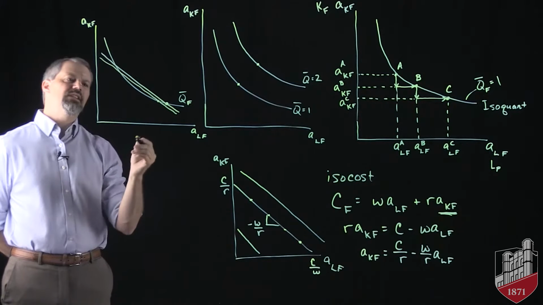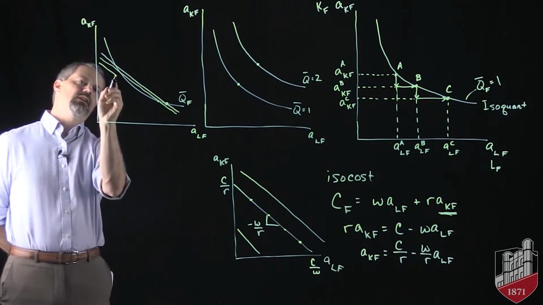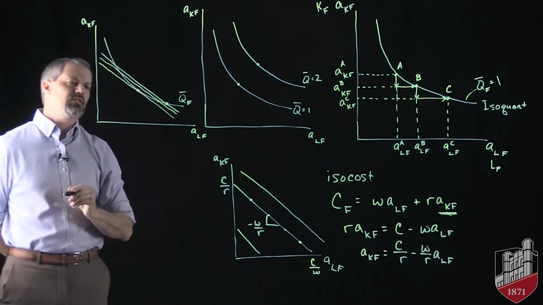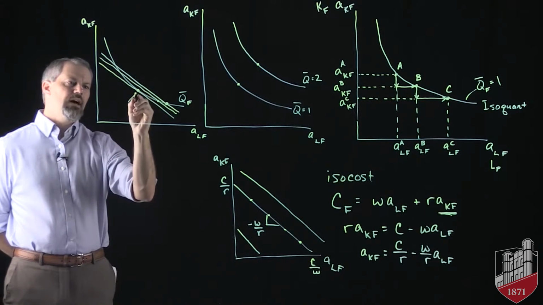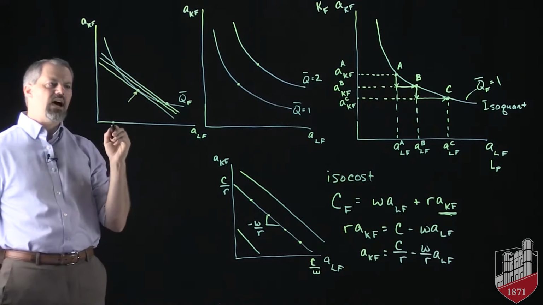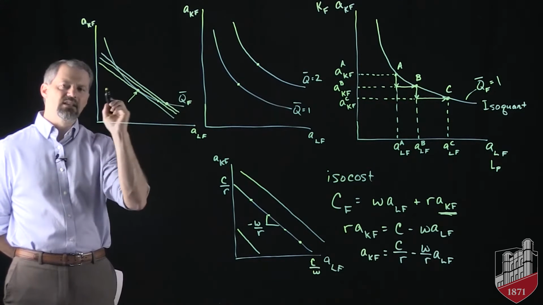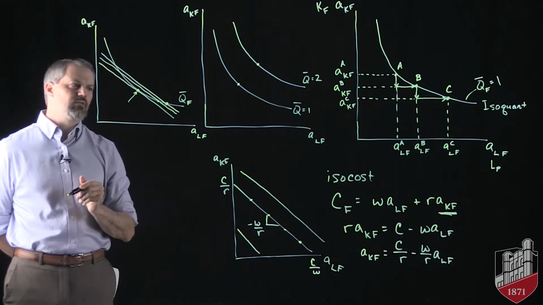And so what you see is that, of course, we're going to end up at a place where our isocost line and that isoquant are just tangent to each other. And this point right here is going to represent the combination of labor and capital that cost the least amount that can be used to produce that particular amount of food.